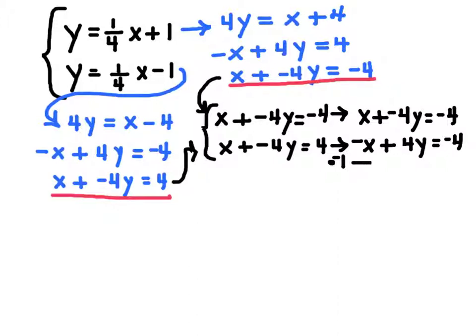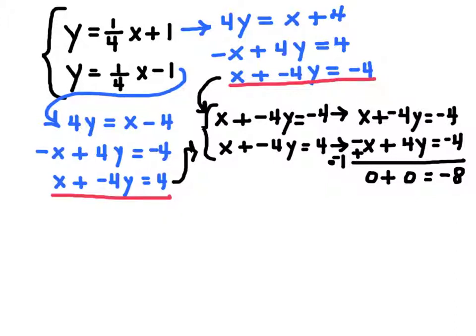All right, now we can add these two up. And if we add up a positive x and a negative x, we get a 0. Plus, when we add a negative 4y and a positive 4y, again we get a 0. And then when we add a negative 4 and a negative 4, we get a negative 8.